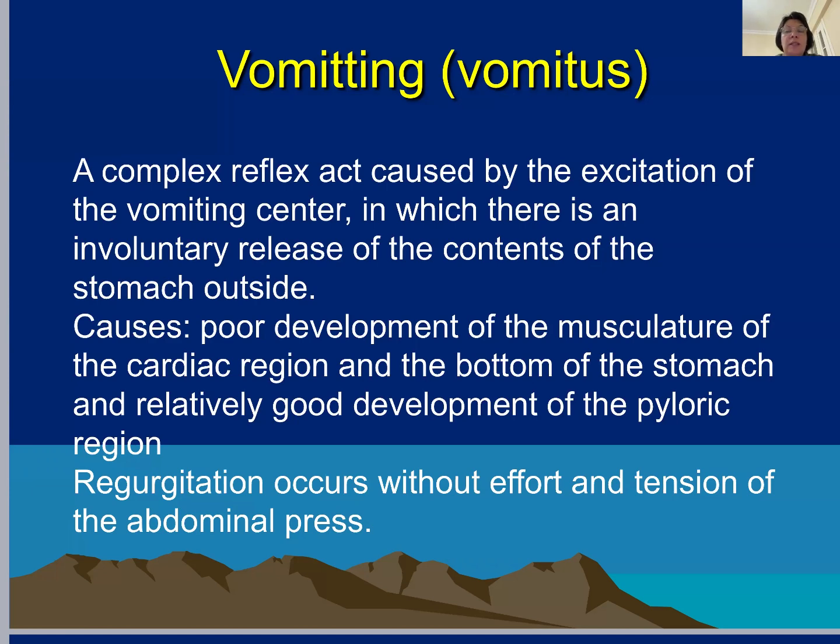A very common sign in babies due to poor development of the muscle layer of the cardiac region called the cardiac sphincter, and relatively good development of the pyloric region.